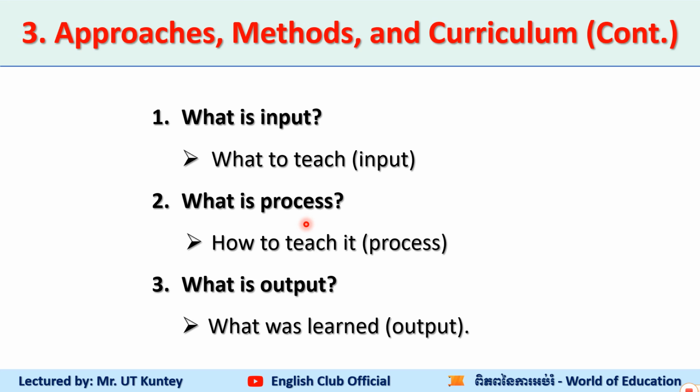Okay, next. When you assign the curriculum, you also have to know about content, process and outcome. Content might be input, so input, process and outcome are the same; they just change input to content. So in this stage we focus on forward design.